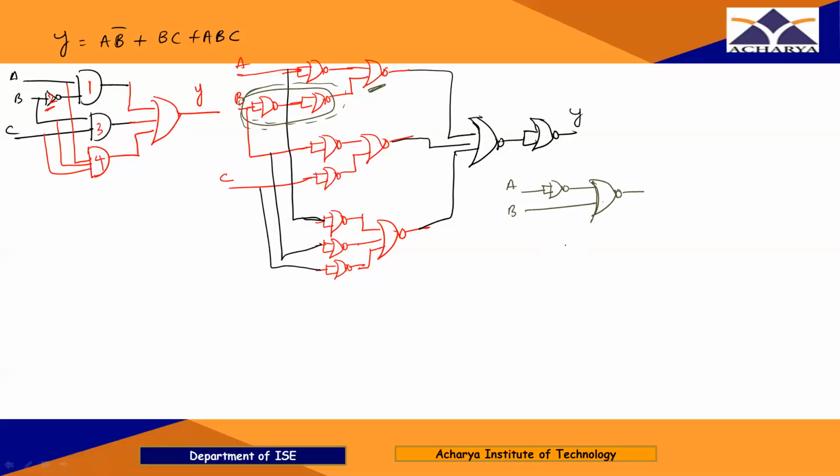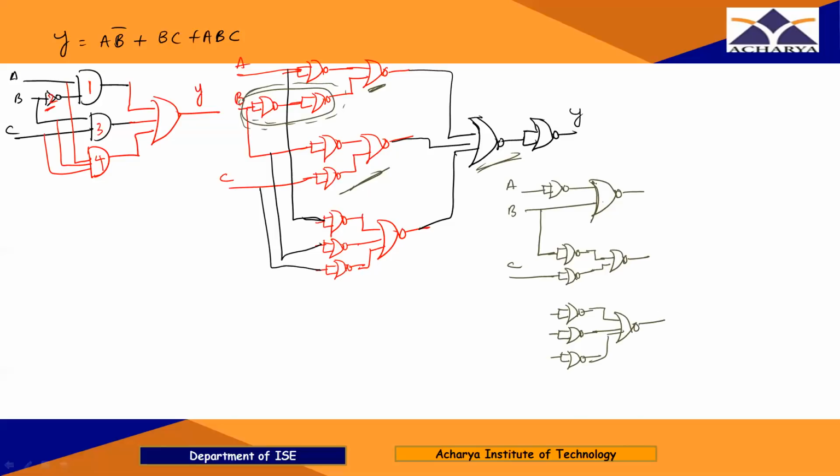Next I have to write B and C. This is B, this is C, B, and this is C. This one I am writing, and last ABC I have to write. So for A, B, C, this is the equivalent.